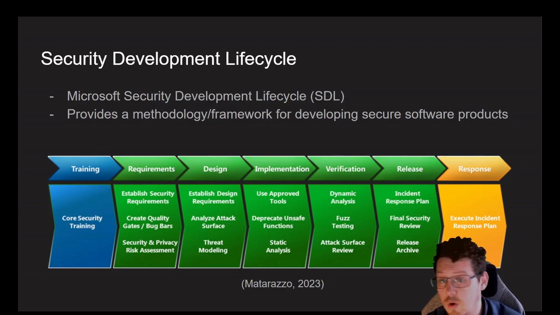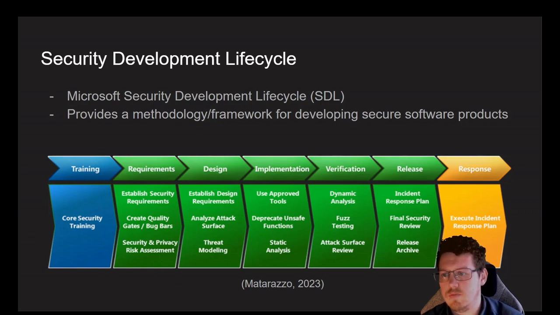And authenticated non-admin users should not be able to access the admin page. It's like setting out the outlines: what should the application be able to do? From a security perspective, that means setting up boundaries, access controls, things like that.